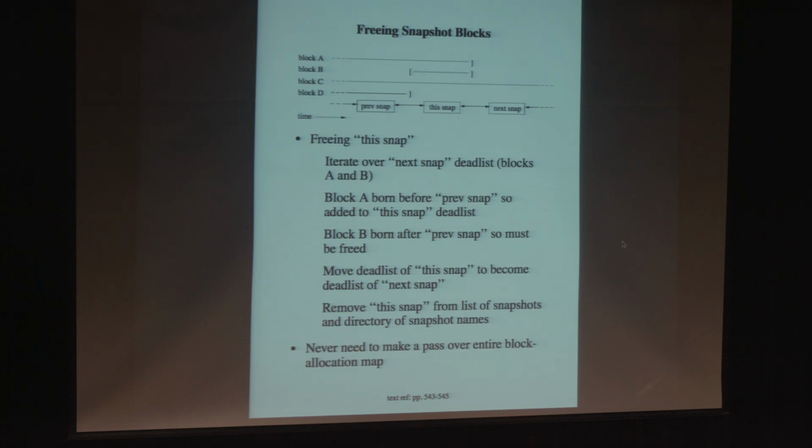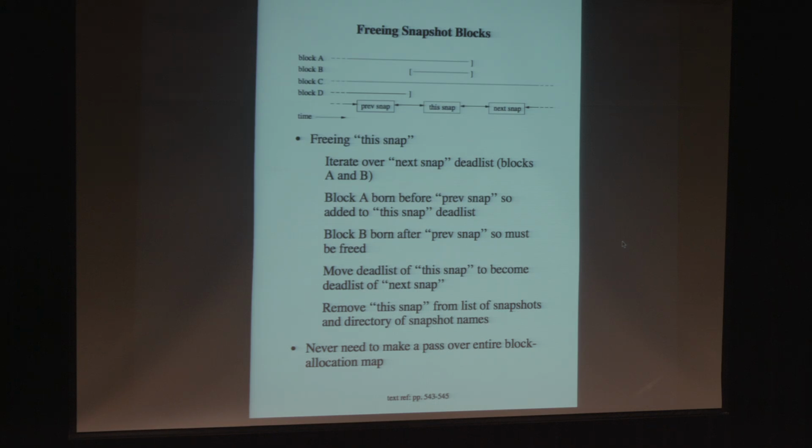Block B came into existence just before we were created, and nobody after us cares about it. So block B is going to be the woohoo block that we actually get to free. Block C goes from far before us to far after us, so we don't care about it particularly. And block D is one that went out of existence before us, so other things may care about it.